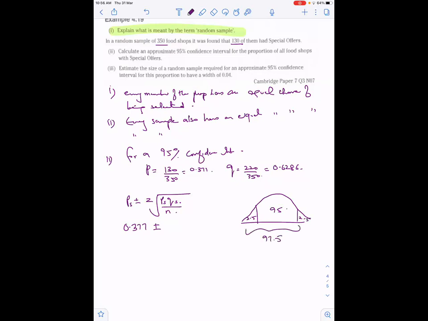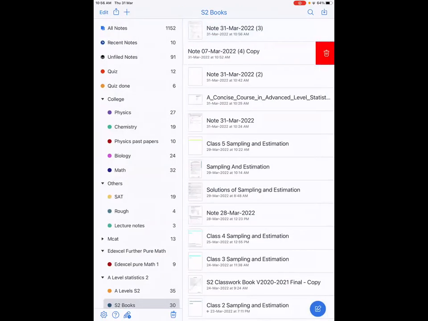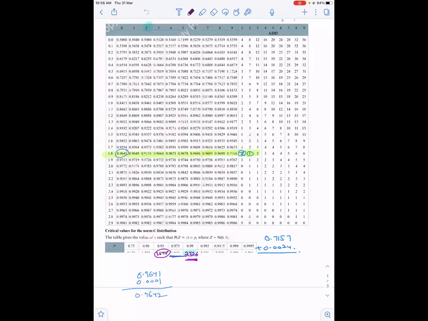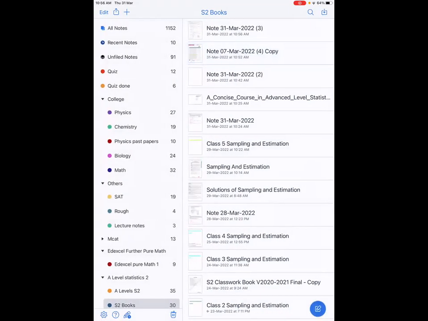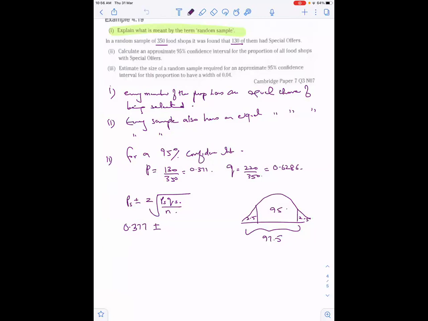So you have to look into the normal distribution table for 0.975, which is 1.96. So z is 1.96. Then 0.377 into 0.6286 upon the value of n, which is 350.